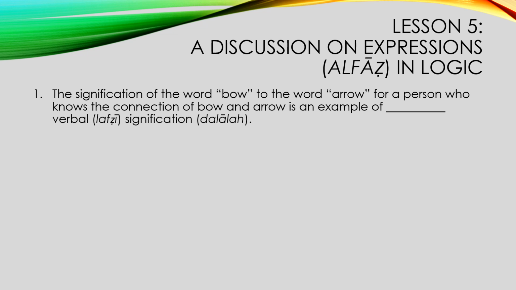The signification of the word bow to the word arrow for a person who knows the connection of bow and arrow is an example of blank.